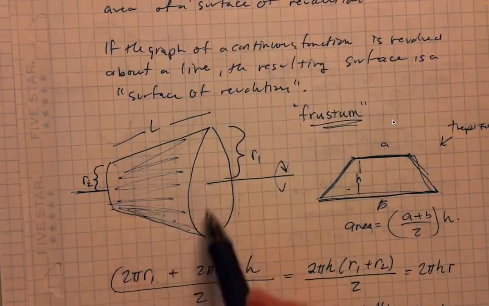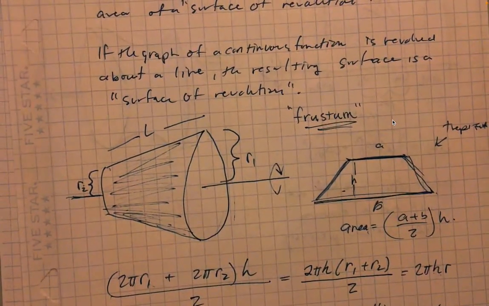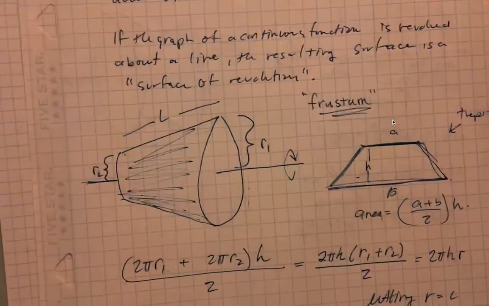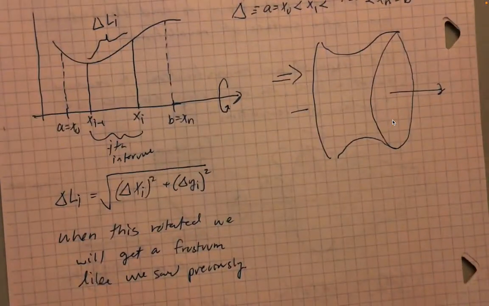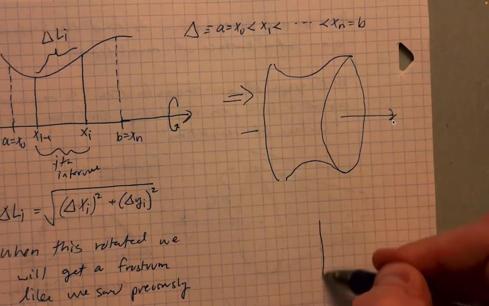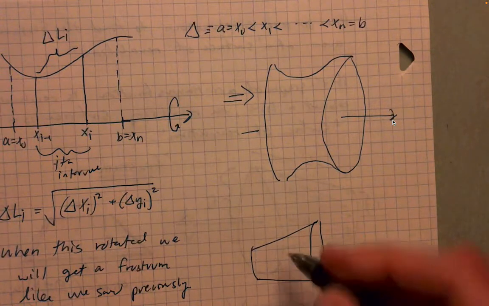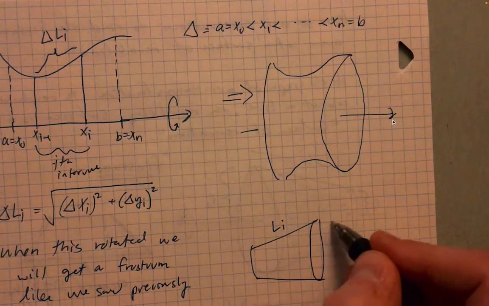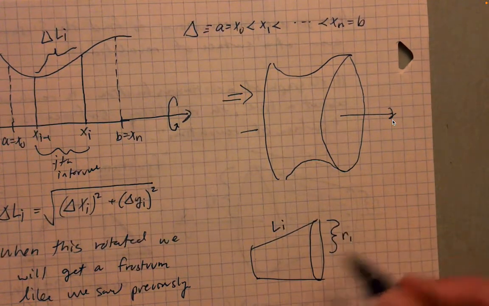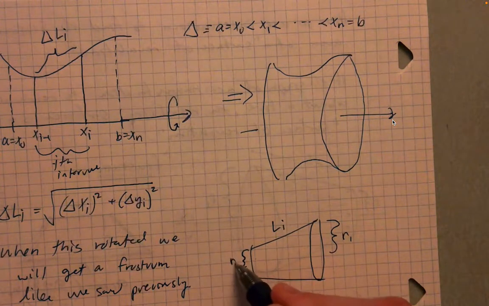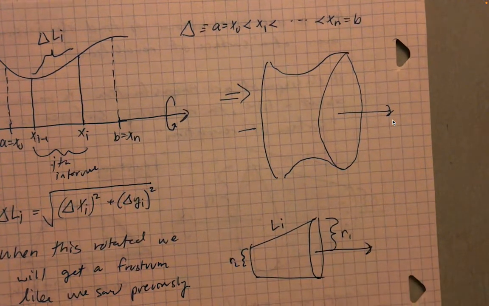Okay, so like this guy here. I remember this figure here. So let me just really quickly redraw it here. So here's your Li, and then here you've got your R1, there's your smaller R2, axis of rotation. That's what you're going to get, right?